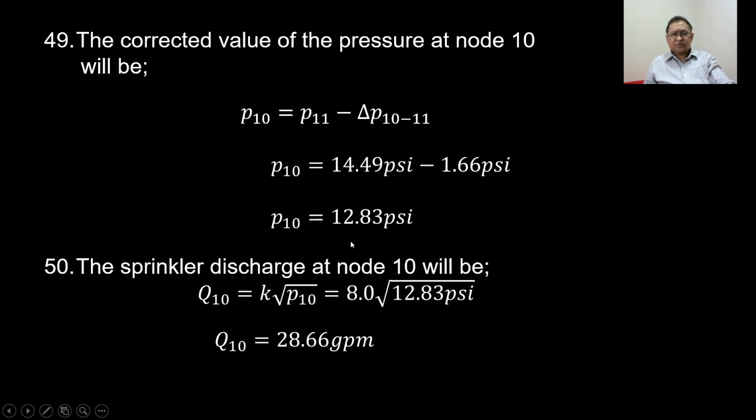So what we will do is subtract 1.66 from 14.49 psi, and the result will be 12.83 psi. And from this, we can now solve the discharge of the sprinkler at node number 10. 8.0 times the square root of 12.83 will be 28.66.